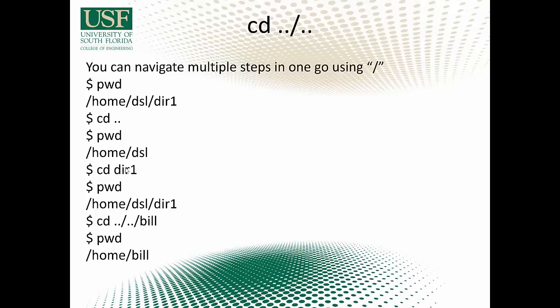If I cd back down to dir 1, and you can see here my location, I can do a cd ../../bill, and what this has done now is it's navigated me up past my actual home directory to a new home directory of bill. So you can see here where I did multiple navigation to the parent.